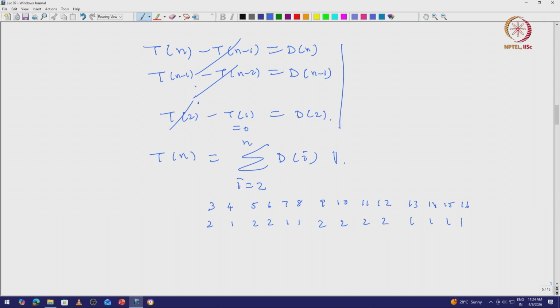We will prove it. What we have to see is that there are blocks of values defined by powers of 2. So this is of the form 2 power k minus 1 plus 1 to 2 power k.